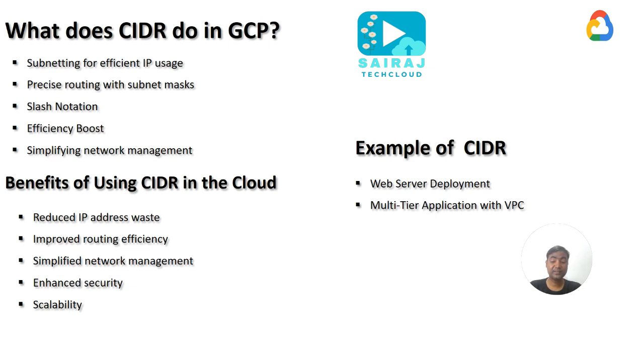By leveraging CIDR in these ways, you can build a secure, scalable, and well-organized network infrastructure in GCP. Remember, the specific subnet size and configuration will depend on your individual needs and resource requirements.